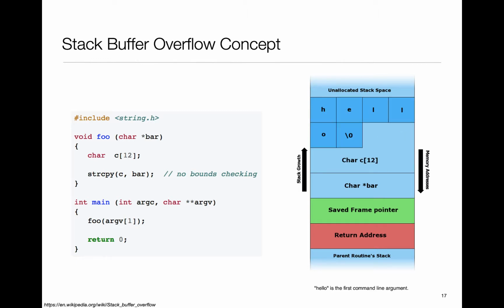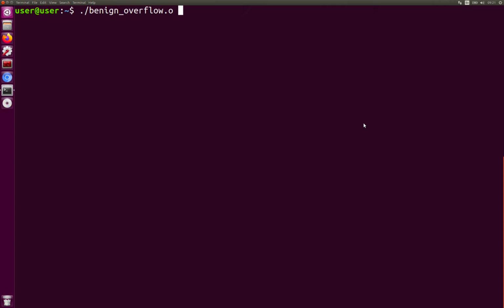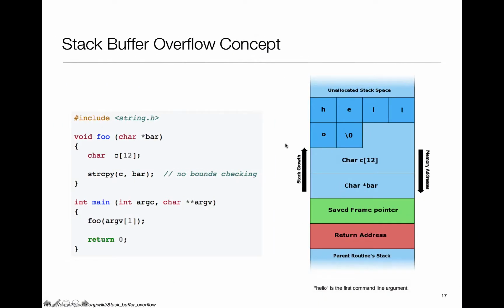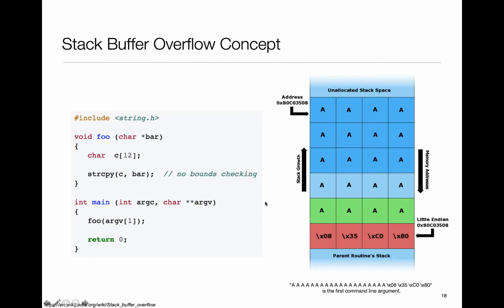So if we were to call this function, I believe I have it already compiled here as buffer overflow simple, and let's say we pass it the word hello, it won't do anything, it will just copy hello into this buffer.